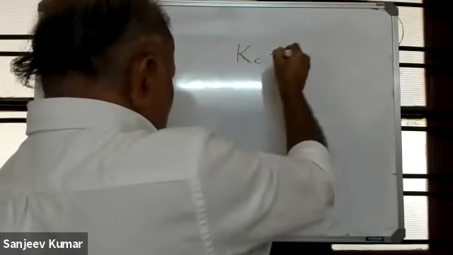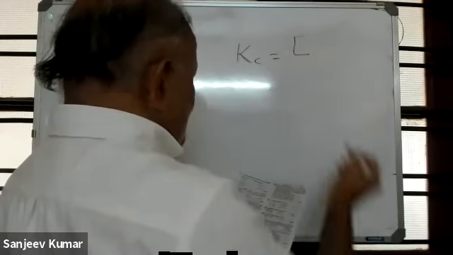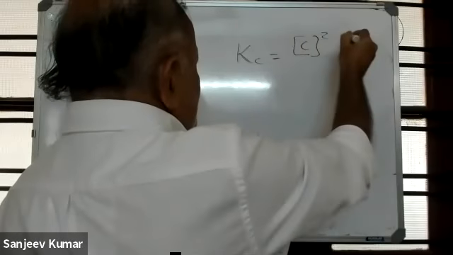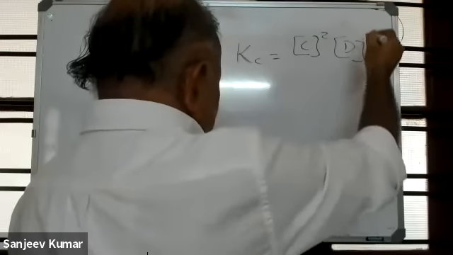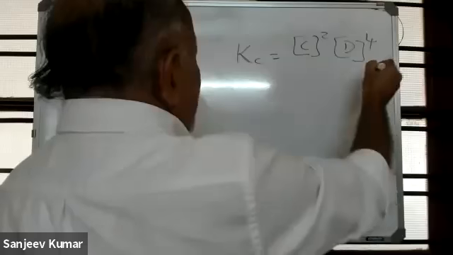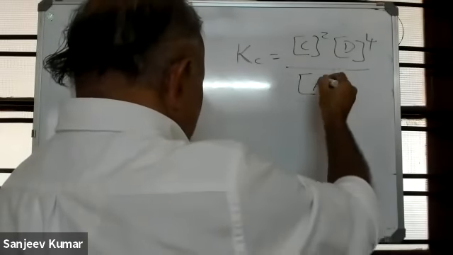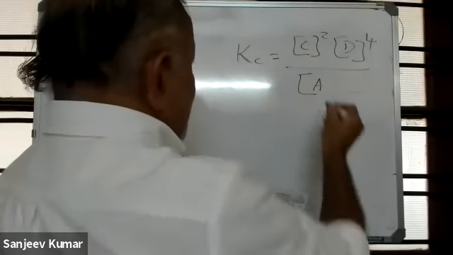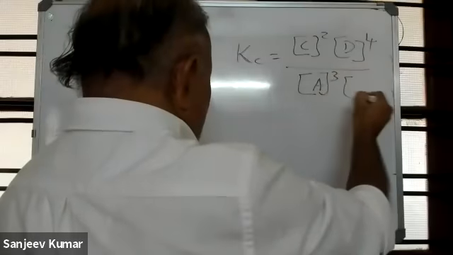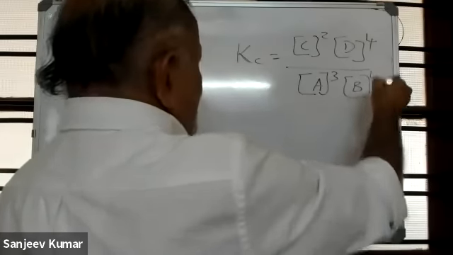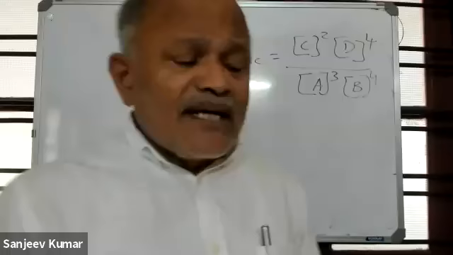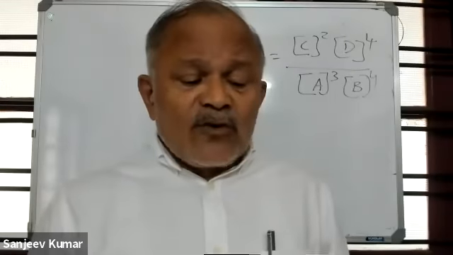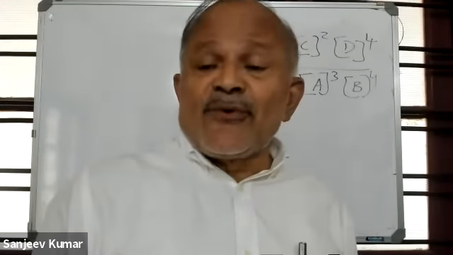Therefore, Kc is equal to active mass of C raised to 2 into active mass of D raised to 4, by active mass of A raised to 3 into active mass of B raised to 4, because the equation is 3A plus 4B reversible gives 2C plus 4D.